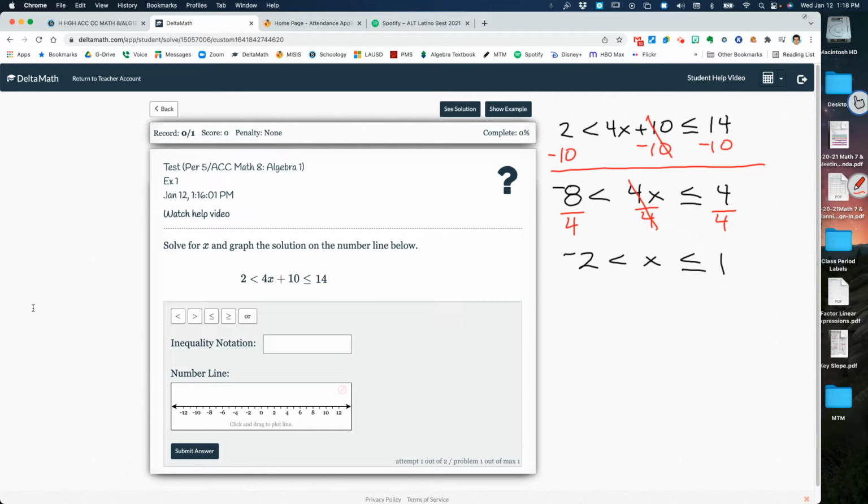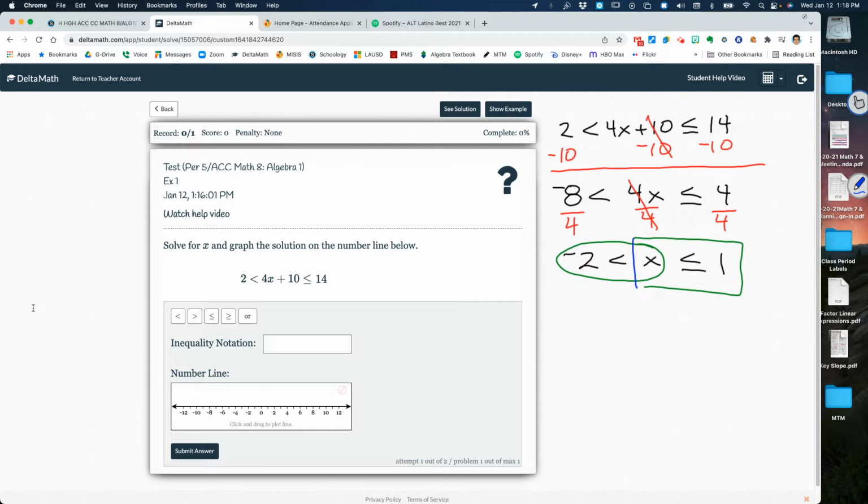So this is an answer. It's an "and" inequality, actually. If we needed to, we could break it down that way. Remember, we have one inequality here and another inequality here.